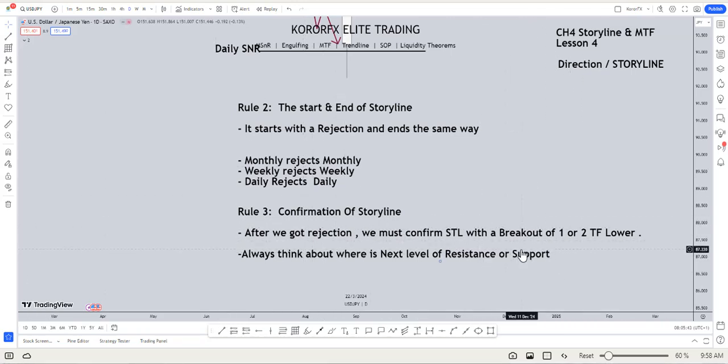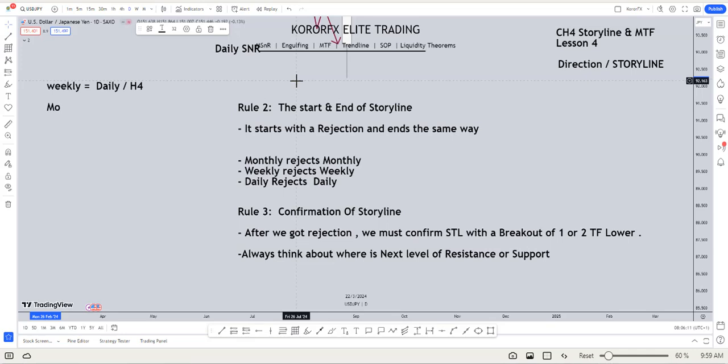Why one time frame or two time frames? I want to tell you how the two time frames and one time frame really work. For example, if weekly rejects, we will look for the breakout on daily. If daily is not clear, we will look for H4.